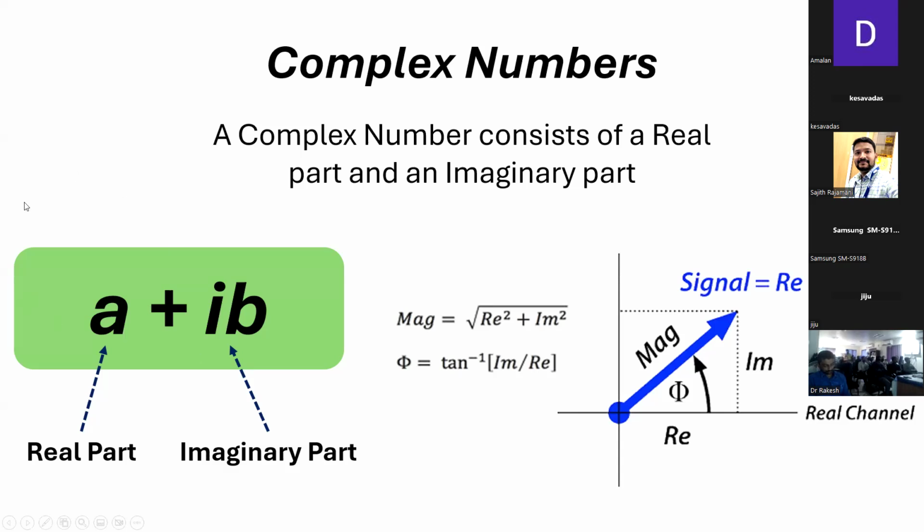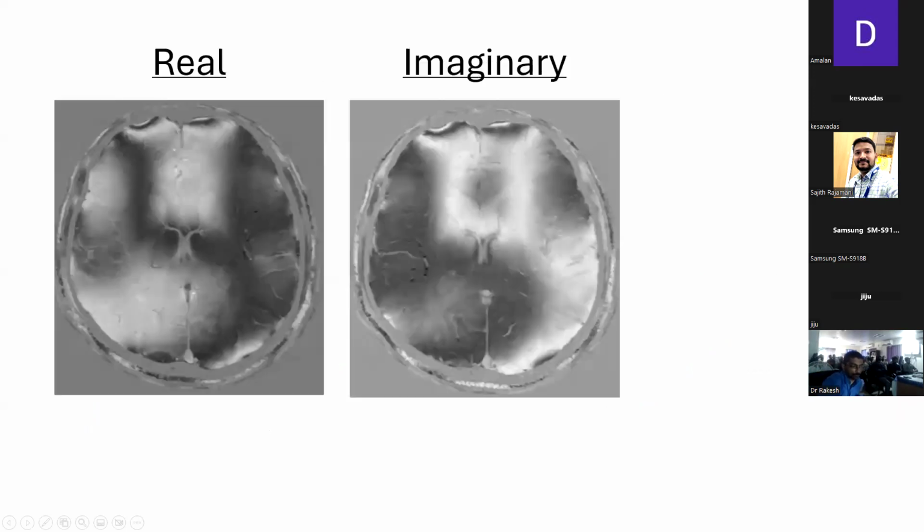Usually, the images that we see and interpret are magnitude images, which are calculated from this complex data. For normal MR imaging, we don't see these real and imaginary images. In the real world, from the scanner view, we won't see these kinds of images.